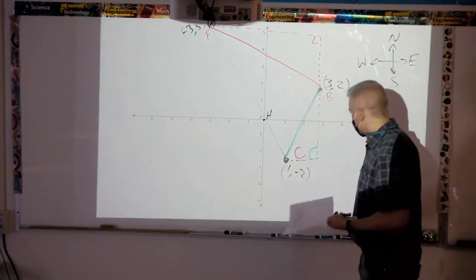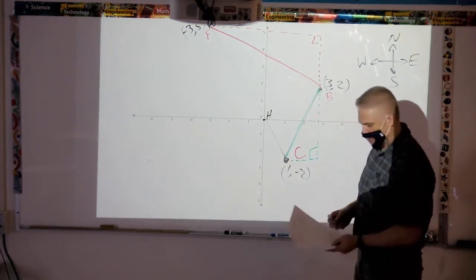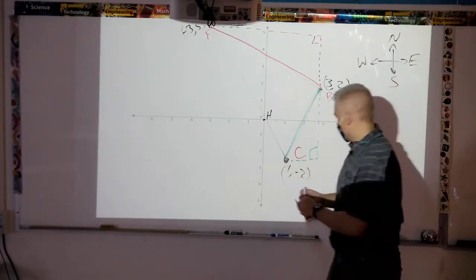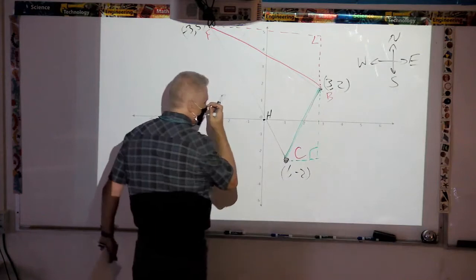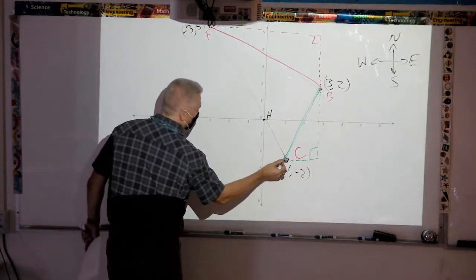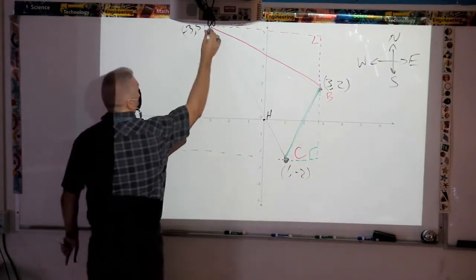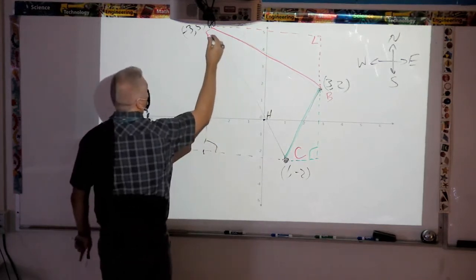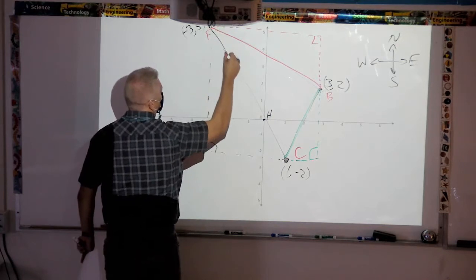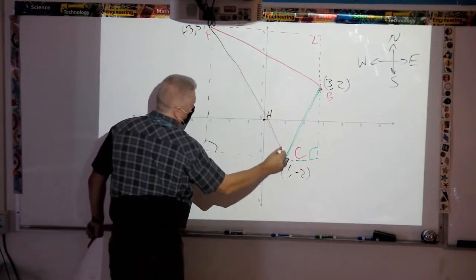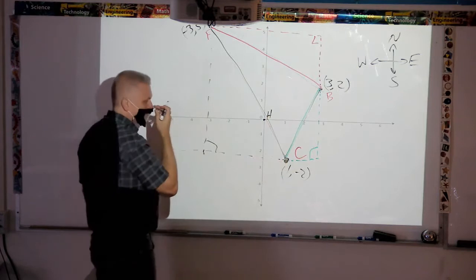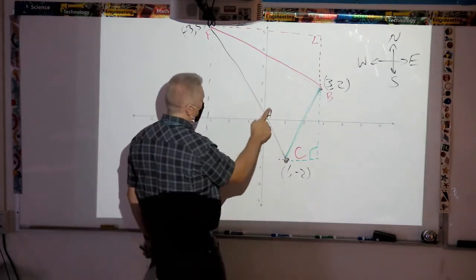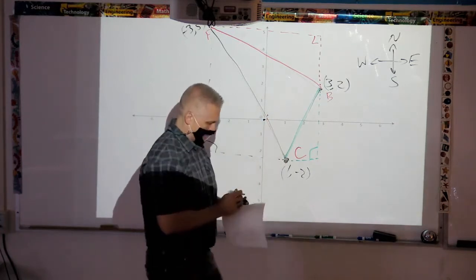And then finally, I want to find segment FC's distance. So the measure of segment FC I can find by going horizontally and vertically. Okay, so now with my black triangle, I can find the length of FC, because that's my hypotenuse.